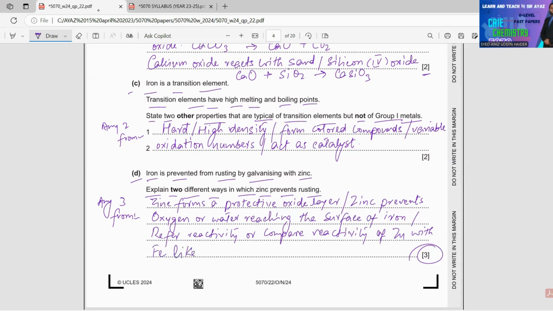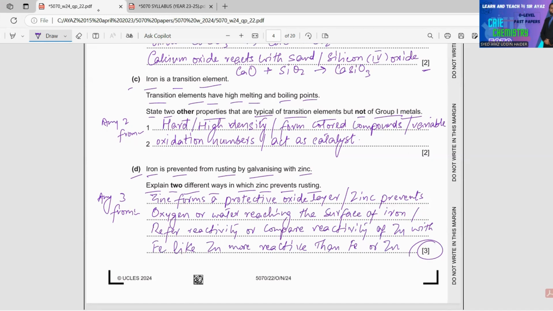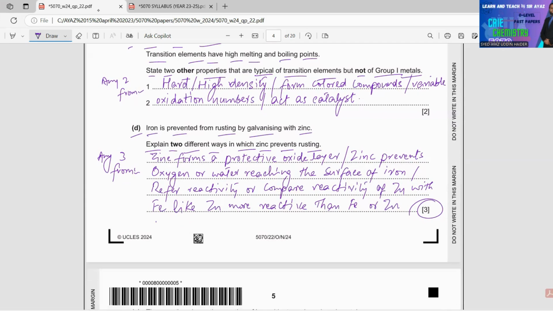Like you can write Zn, that is zinc, is more reactive than iron, or zinc corrodes in preference to iron.